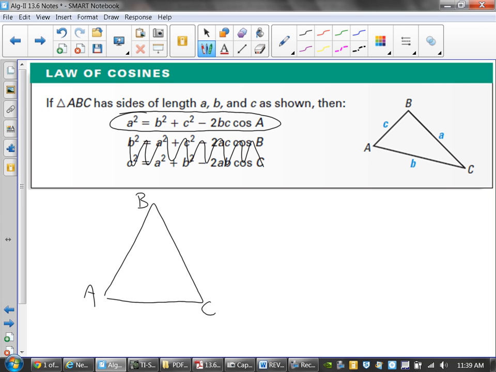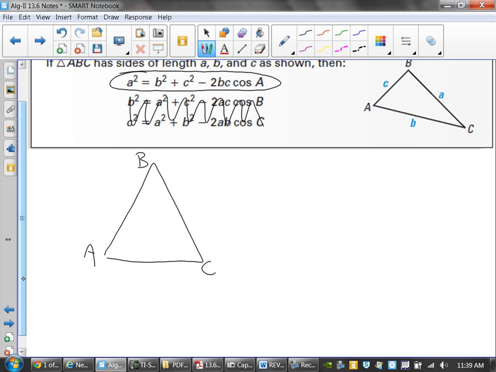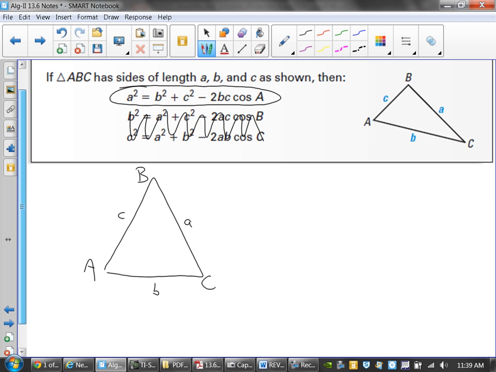When you're talking about your sides, little a, little b, little c. Remember, you're going to be given an angle in a side angle side scenario, or just all 3 sides.